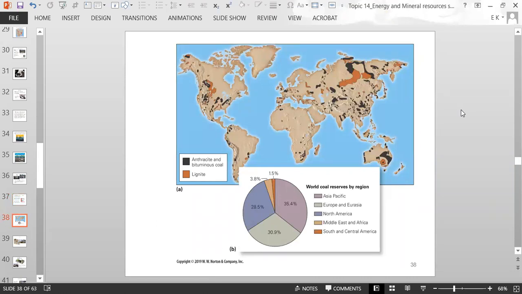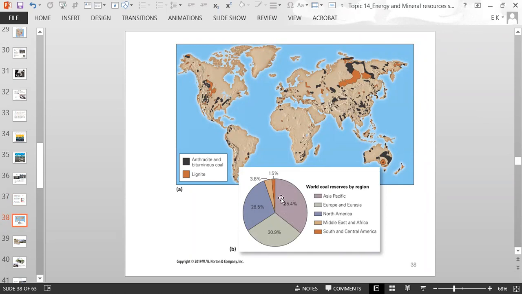This shows you the locations of the world coal reserves. The black is anthracite and bituminous coal, and the brownish red color is lignite. And it shows you a pie chart by region.